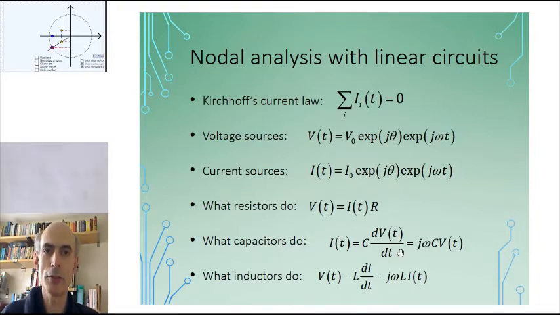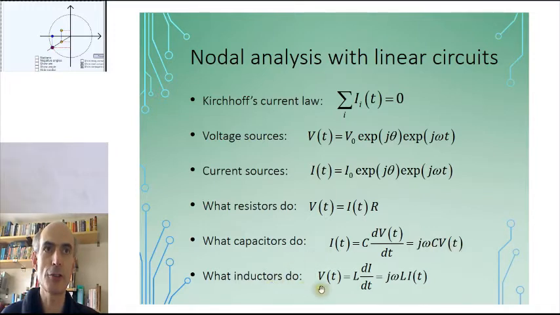The differential of the cisoid with respect to time is just j omega times the cisoid. So we can relate the current through the capacitor to the voltage across the capacitor as the current equals j omega C, and j omega C is constant, times the voltage. So we've got something that appears to behave like Ohm's law. The current is proportional to the voltage.